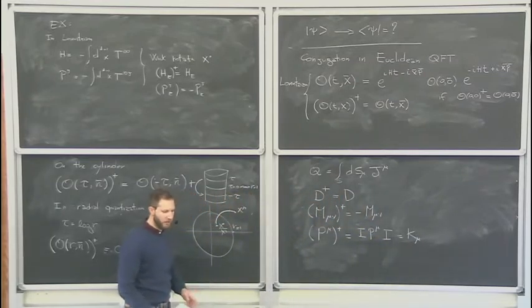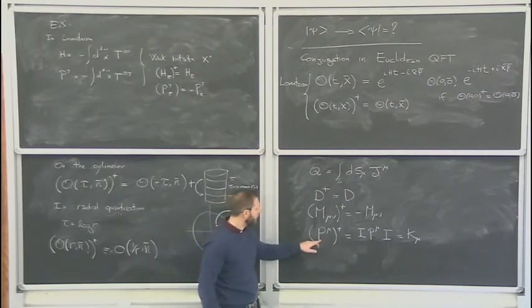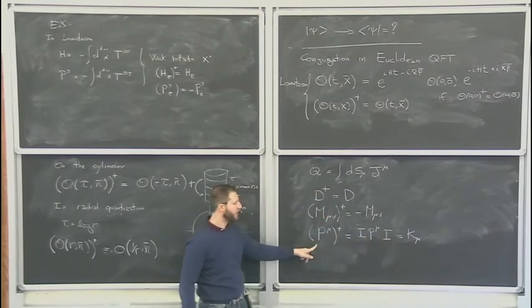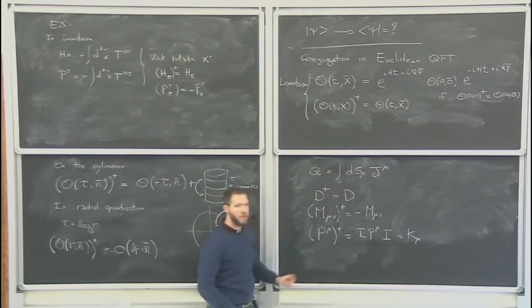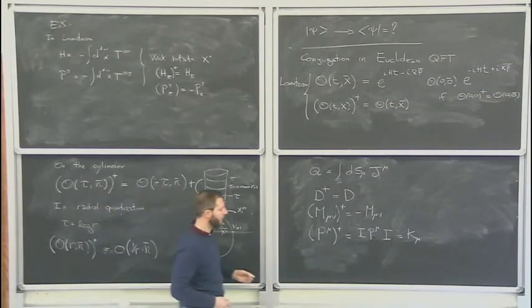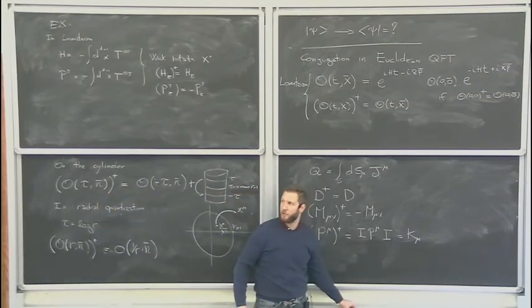So in radial quantization, the operator P mu is not Hermitian at all. It's not even anti-Hermitian, but is related to the special conformal transformation by this relation. And this will play a major role when we discuss unitarity constraints.